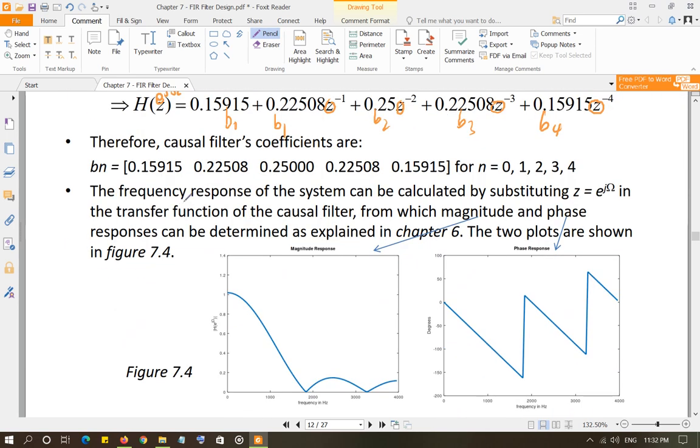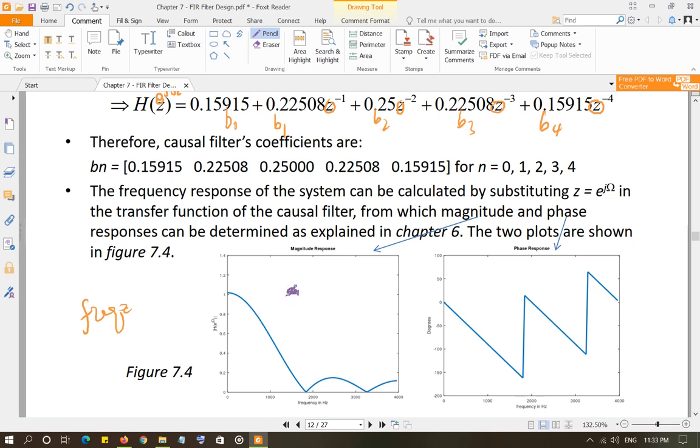So what I did, I just went ahead and plotted these in MATLAB or Octave from these difference equations as we discussed in chapter number 6. So either you can use the freqz function, or you can simply use the method that we discussed in chapter number 6, whichever way you want to do.